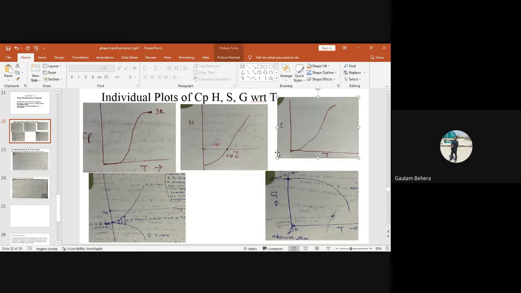Suppose you are adding chromium into the iron right now. You make a stainless steel where the amount of chromium is above 12% in the iron. Now configurational entropy will come into the picture. But if you have only pure iron, there will be no configurational entropy. There will be only thermal entropy, right? So that is denoted by k ln W, right? Or k ln omega. Some people write k ln W or k ln omega.